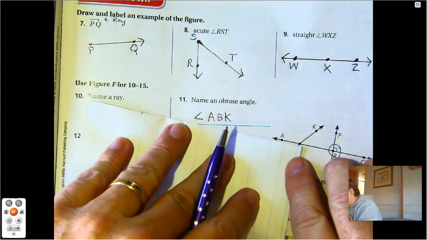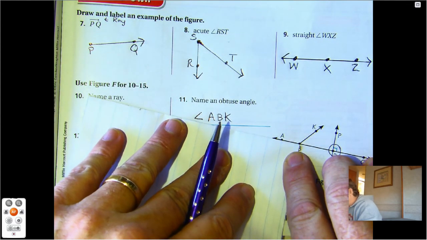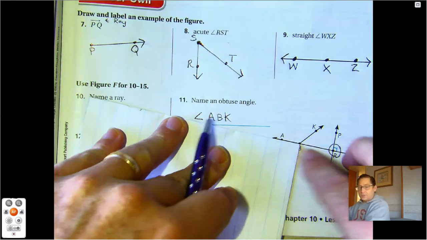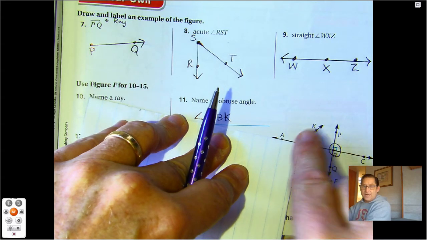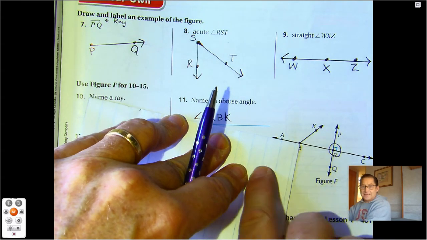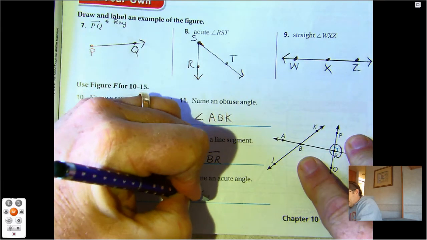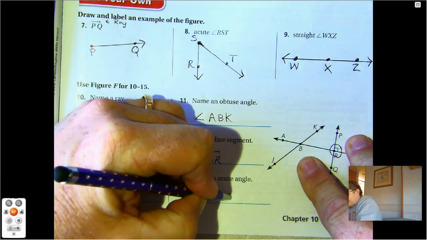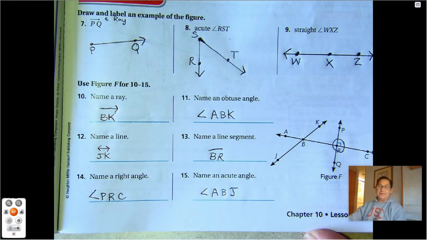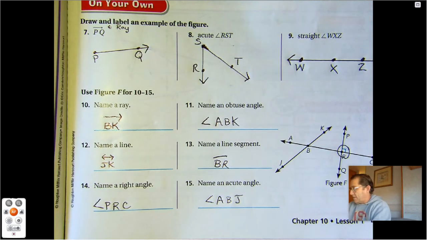Well, if I put the corner of the paper here at AB, you notice I cannot see the other line. It's closed less than the right angle. So ABJ is an acute angle. All right, awesome.